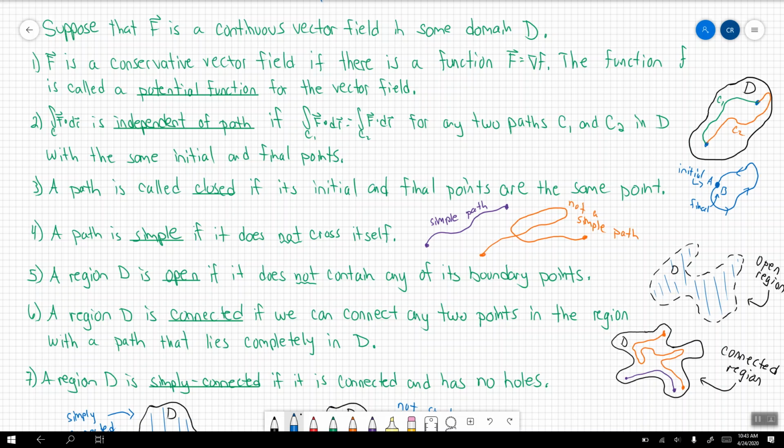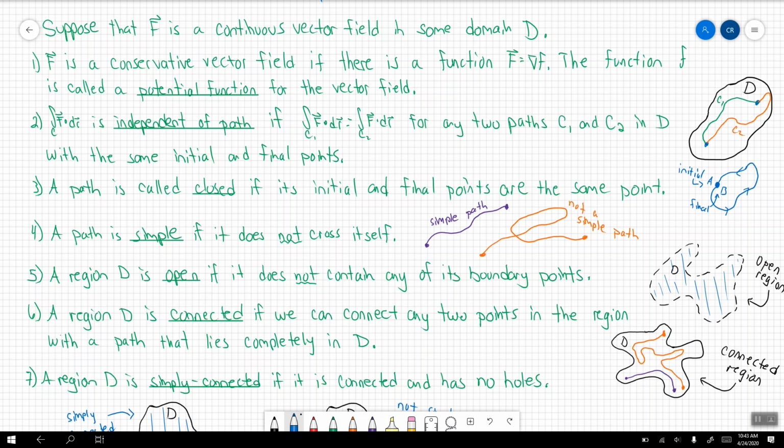All right, definition 1 says that if F is a conservative vector field, then there must be a potential function that we can identify, and the gradient of that potential function is going to be equal to the actual vector field itself. All right, this definition we actually got early on back in the beginning parts of chapter 16. So this kind of gives us a way to determine, hey, can we find the potential function if we know that the vector field is conservative? All right, so that's number 1.